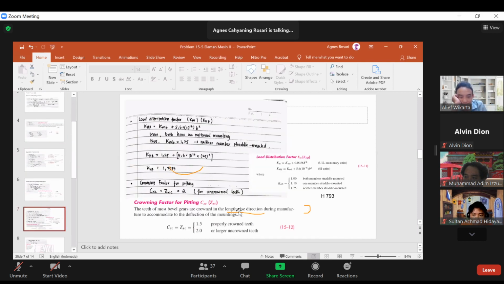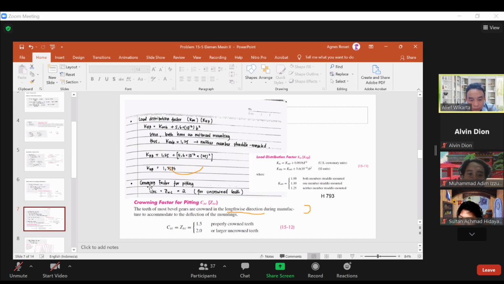That means neither of them is straddle mounted. So we can assume that the C_mb here is 1.25. And then we calculate using these equations here, and we got the load distribution factor equals 1.2535.